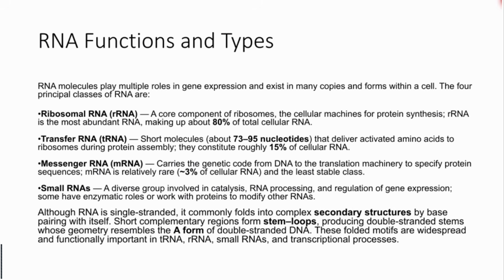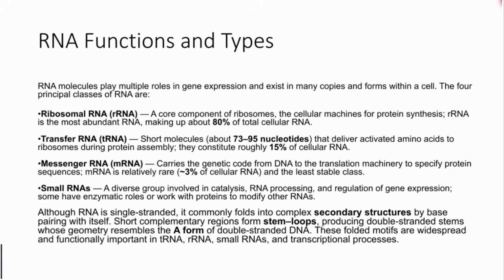The transfer RNA are short molecules that deliver activated amino acids to the ribosomes during protein assembly, and they are around 15% of the total cellular RNA. And the messenger RNA carry the genetic code from the DNA to the translation machinery to specify what protein sequences are required to form functional products. They make up around 3%.